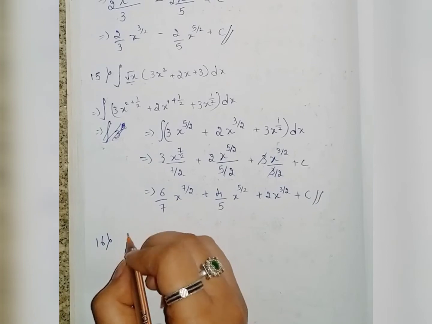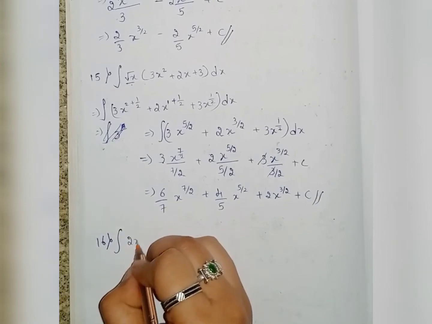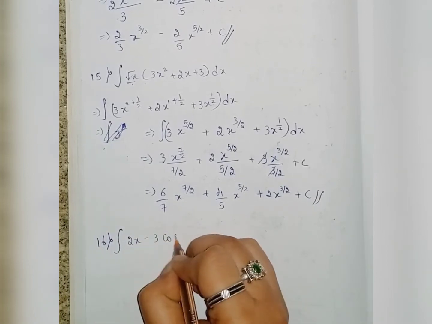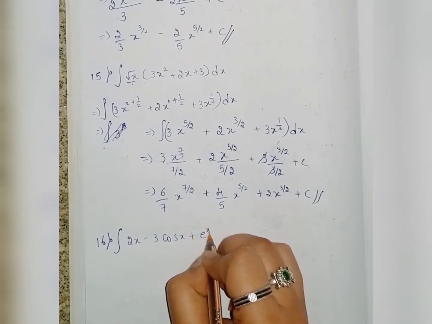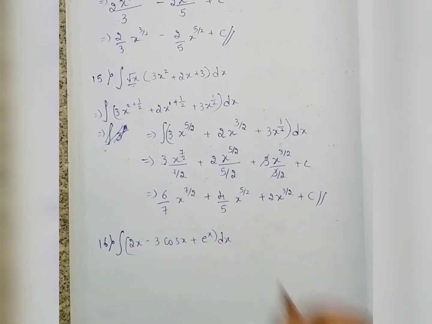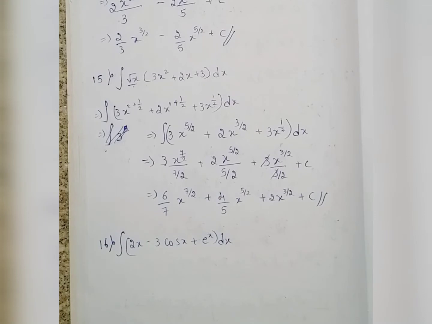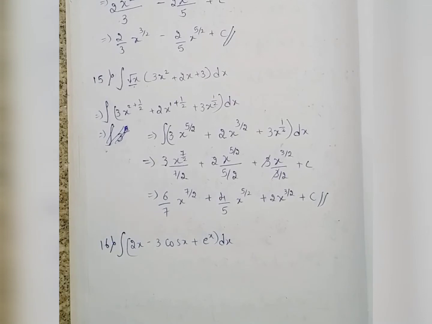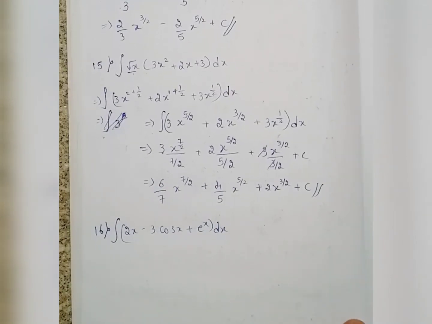Then the 16th problem, the integration of 2x minus 3 cos x plus e power x dx. There is no product and there is no numerator or denominator, so we can just integrate it directly.